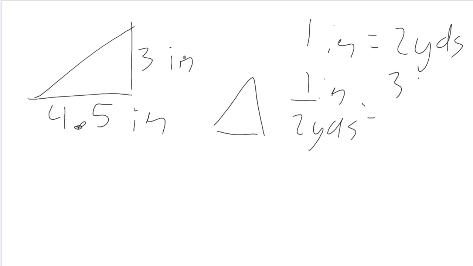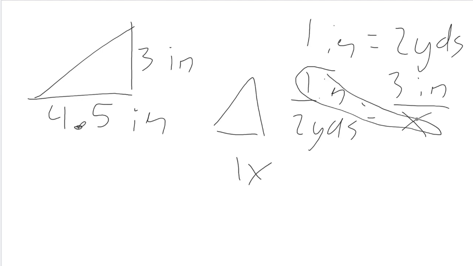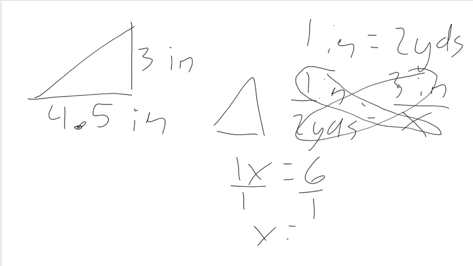We line up inches on top of the fraction, and then we don't know how big the original building was. Then we cross multiply. So 1 times x is 1x. And then we cross multiply this way, and 2 times 3 is 6. Then we divide by 1, x is equal to 6. So in this original big building, it was going to be 6 yards.